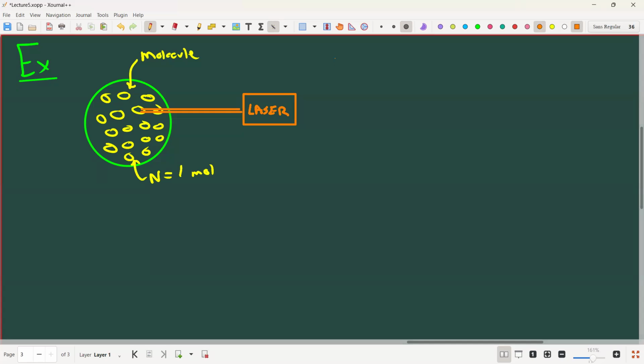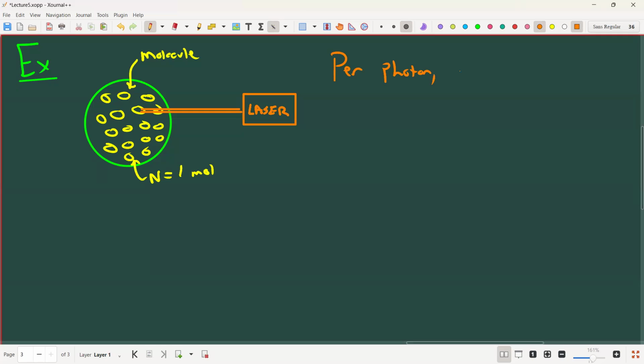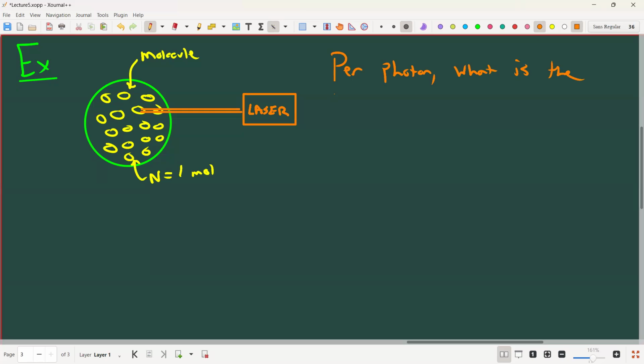So what is the energy content per photon of a laser photon at, let's just pick a wavelength.